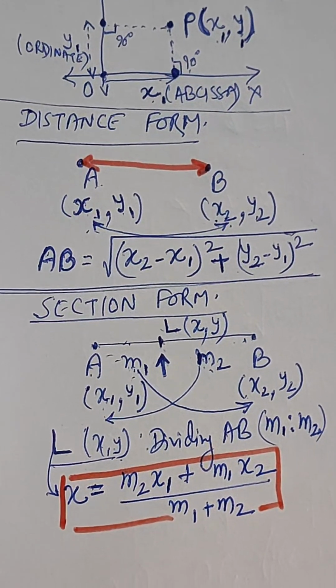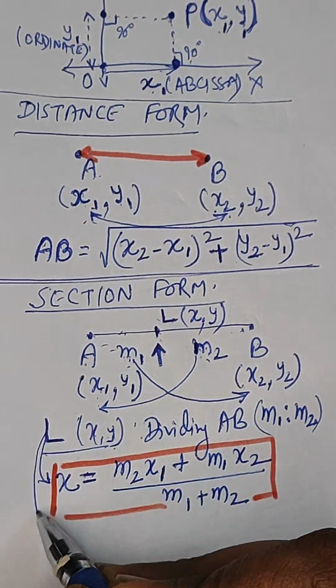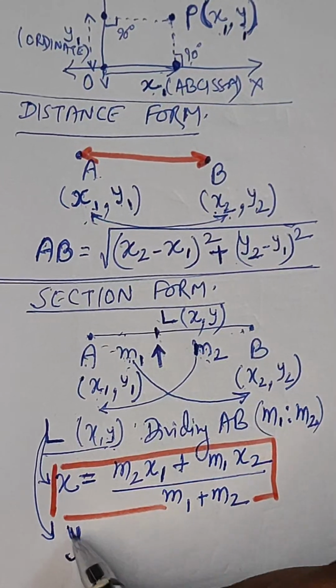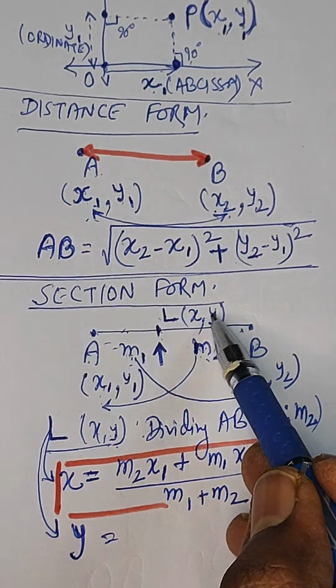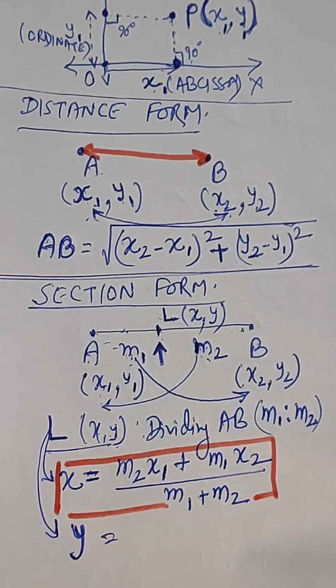Now what is the ordinate of y? The same, the second coordinate or the y coordinate of the point which is dividing the line connecting A and B, right?